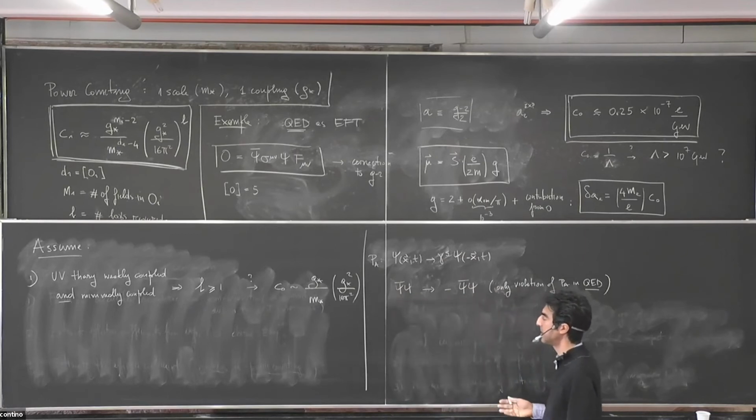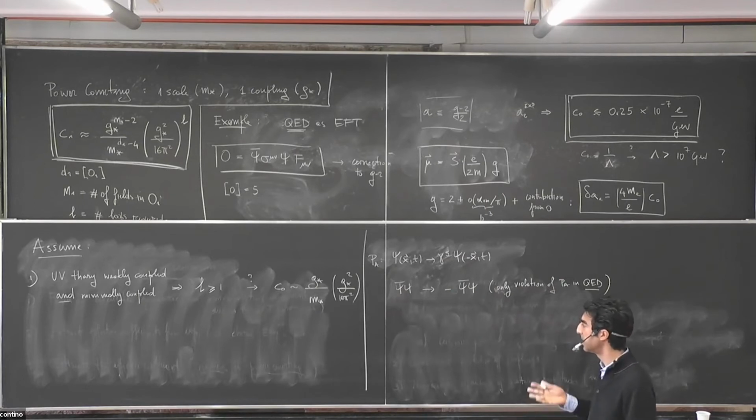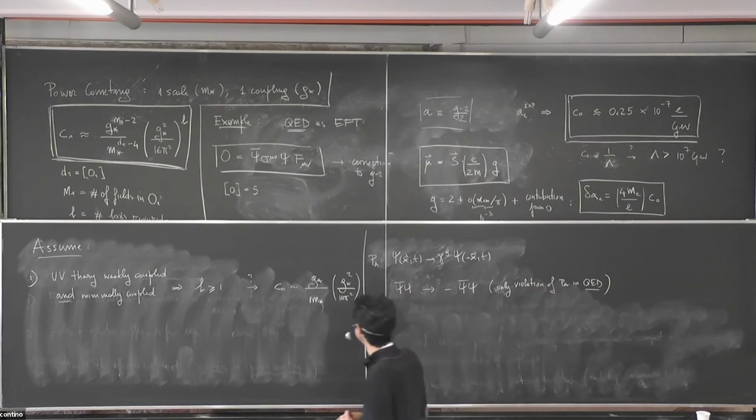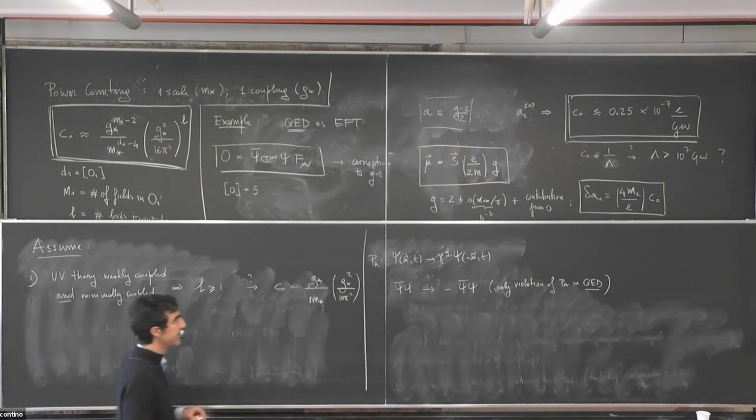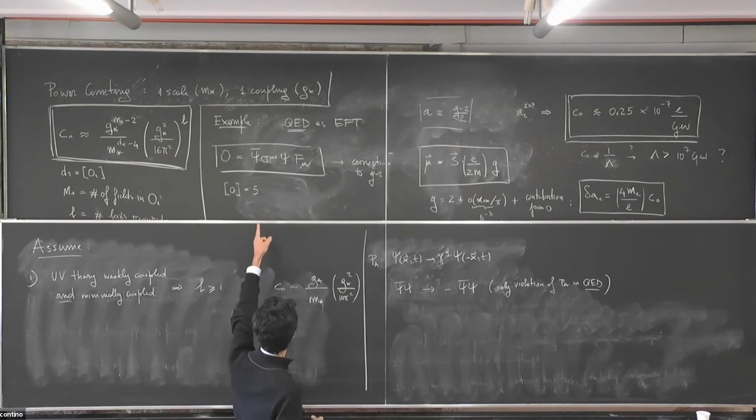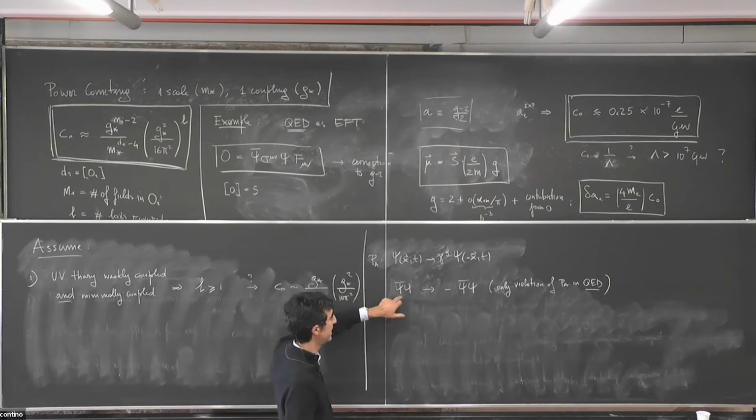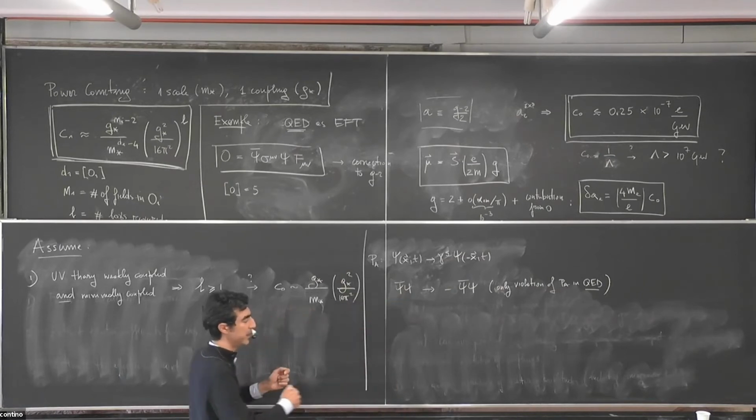That's a possibility, a possible thing that can occur. And if this is the case, then it's clear that the coefficient CO will have to be related to the mass of the electron. Because in the limit in which the mass of the electron goes to 0, also the coefficient CO will have to go to 0.